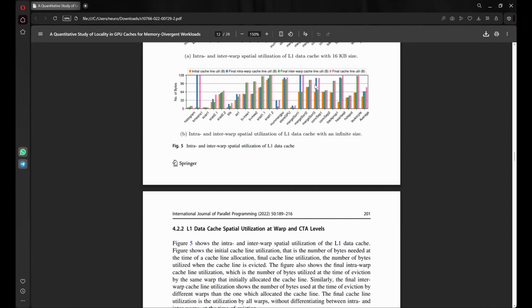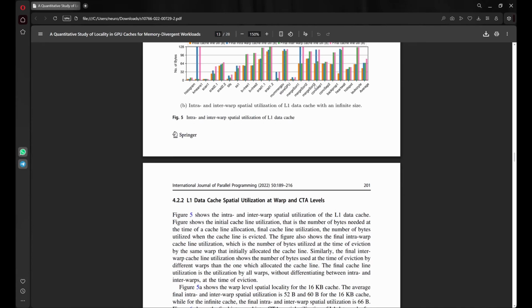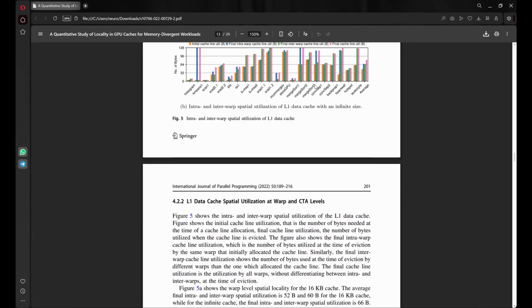And inter-warp is how much utilization are we seeing across threads that are outside of the thread's own warp, right? Is that just saying if you had higher inter-warp versus intra-warp, that would mean that it's staying on the particular problem longer, or the data for that problem?